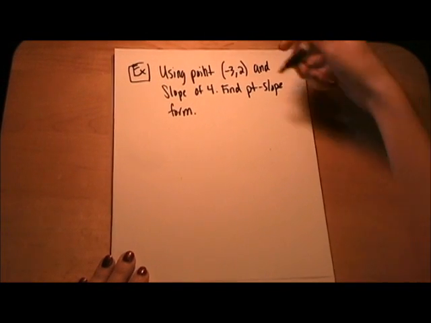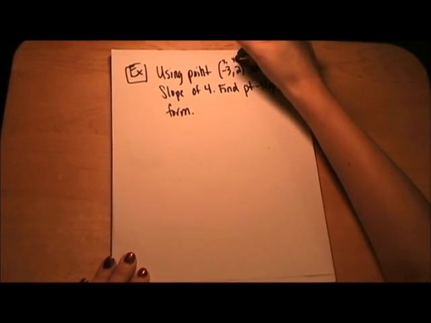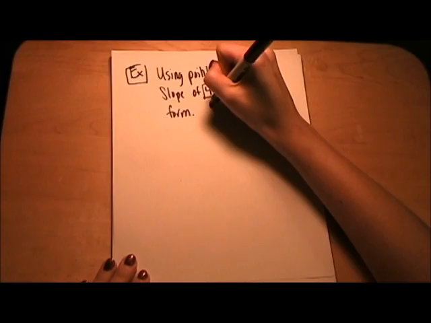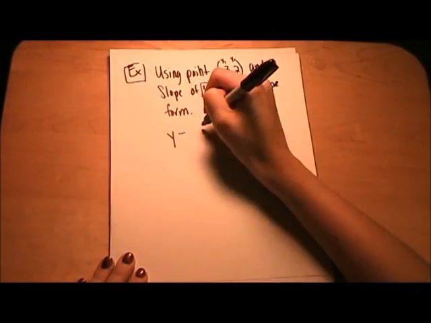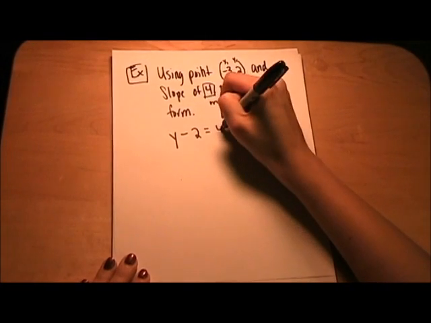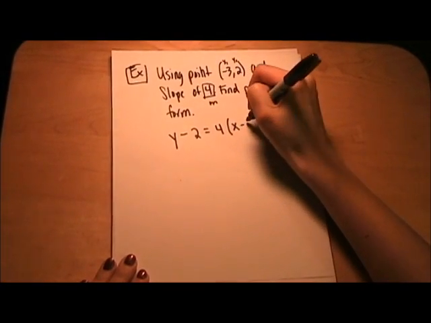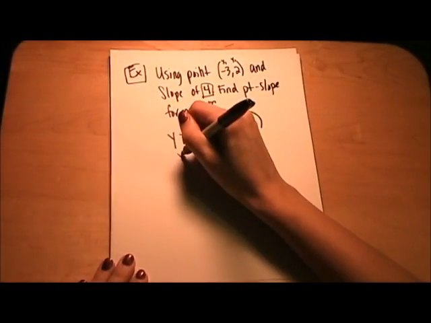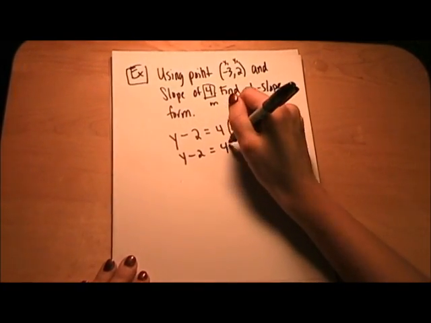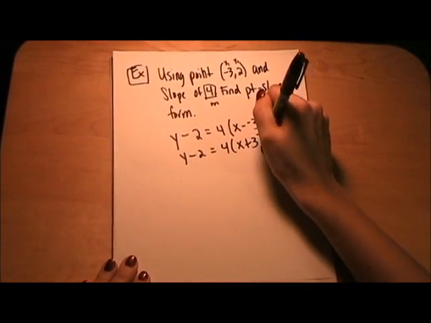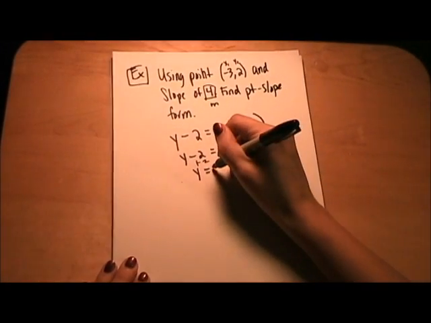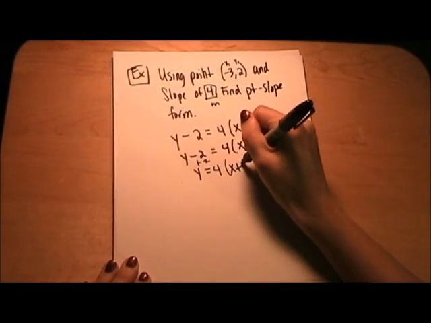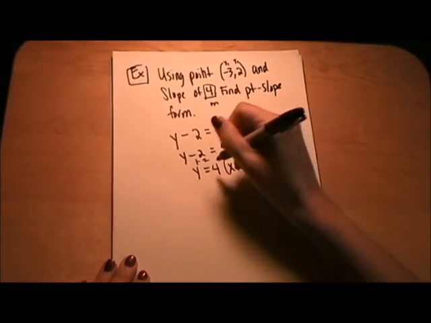Here they already give us the point to use, x1, y1, and they already gave us the slope. So we would just plug it in, y minus 2 equals 4 times x minus a -3, y minus 2 equals 4 times x plus 3, and if they want, we can add the 2 over, and we get y equals 4 times x plus 3 plus 2.